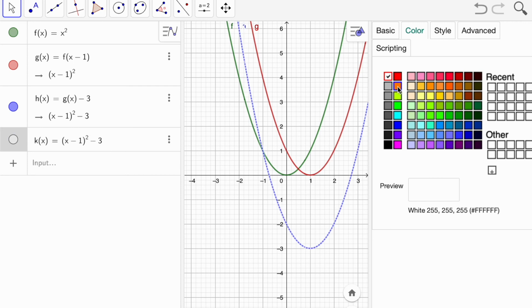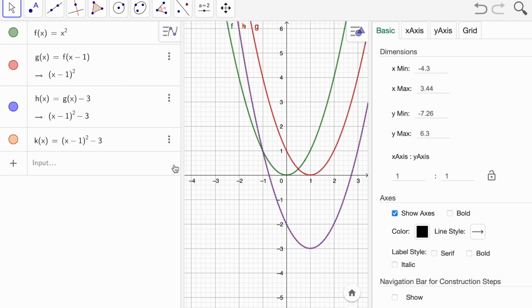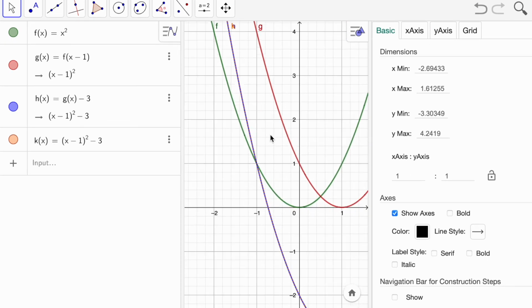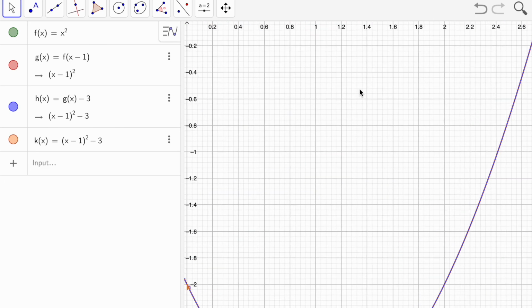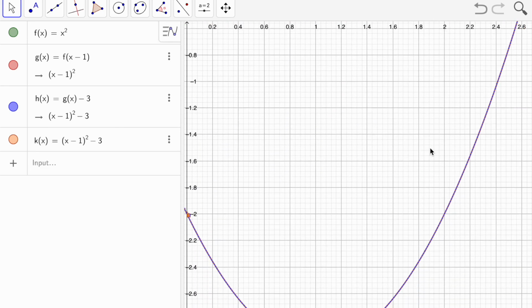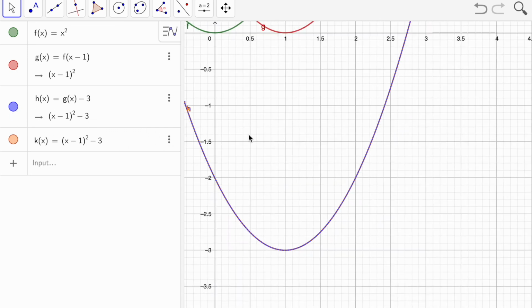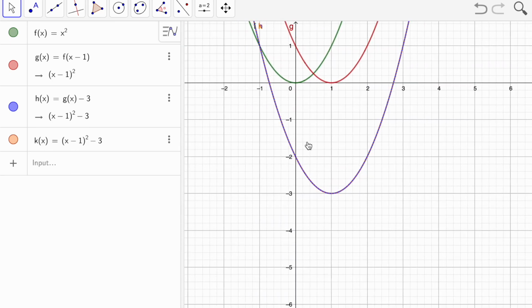No, that's maybe not good enough. How about orange? Like that. So notice that if I zoom in, you'll notice what you see is that there's blue underneath the orange dots. So it is right on top of it. So that's exactly the same thing.